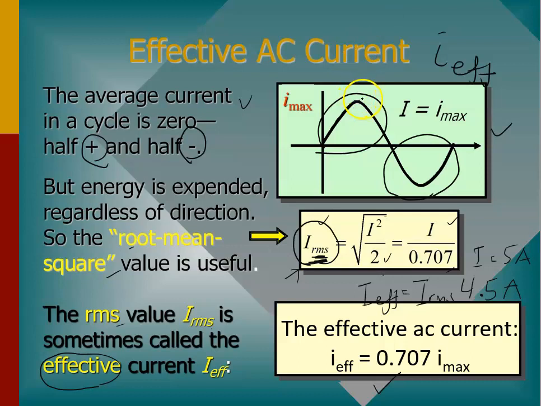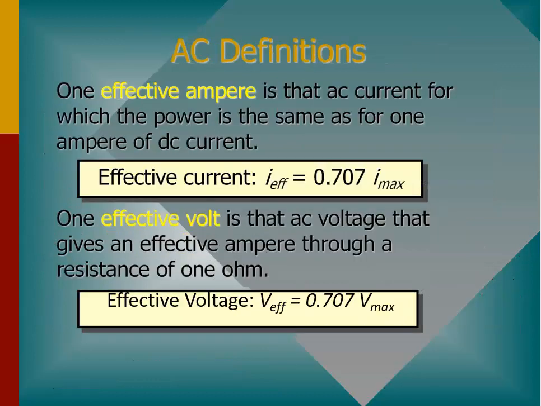The highest peak in my sinusoidal graph represents the maximum current. So that was I effective and also I maximum. We did explore the relations of I effective and I maximum.